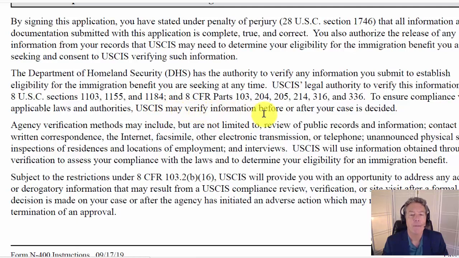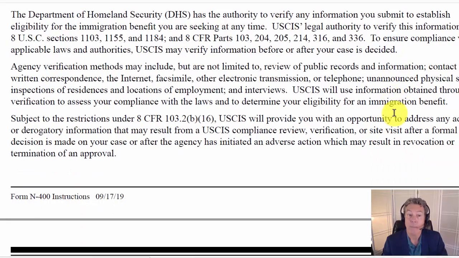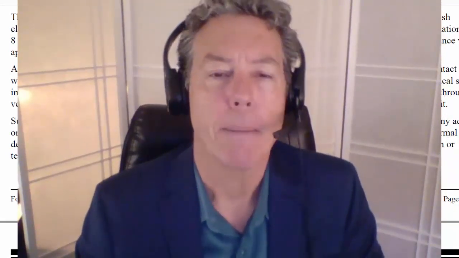USCIS may verify information before or after your case is decided. What does that mean? Okay, agency verification methods may include, but are not limited to, review of public records and information, contact via written correspondence, the internet, fax or other electronic transmission, or telephone, unannounced physical site inspections of residences and locations of employment, and interviews.